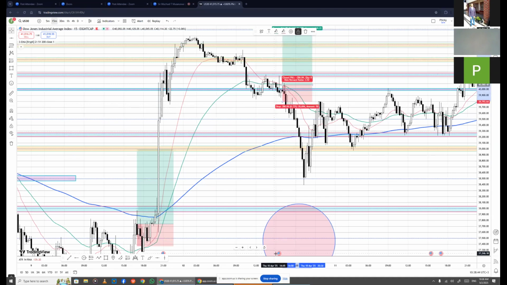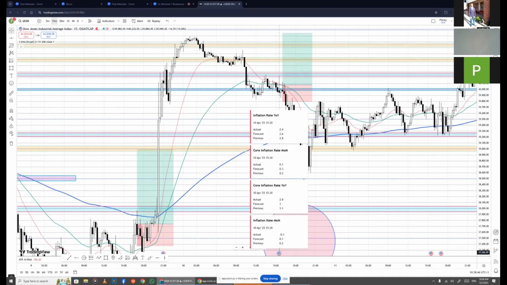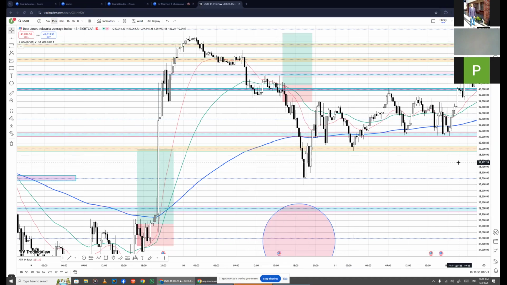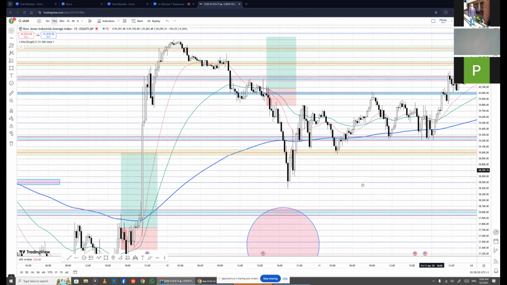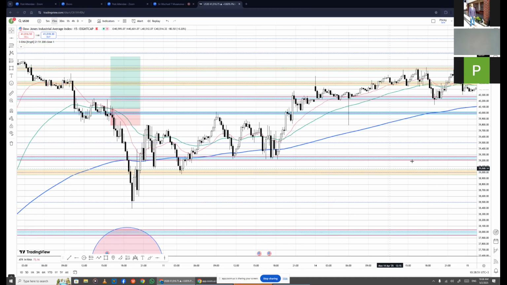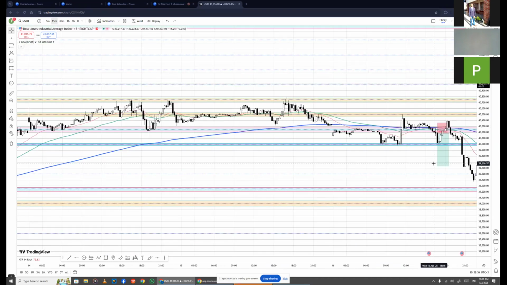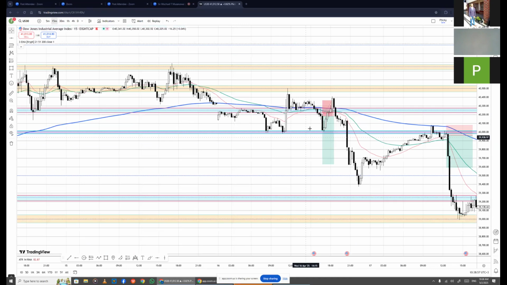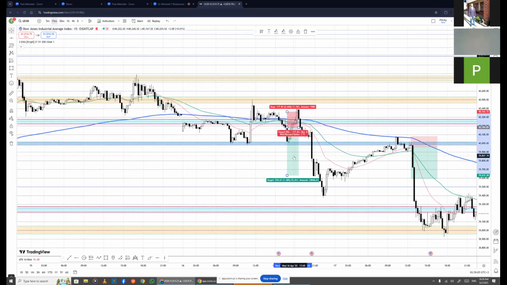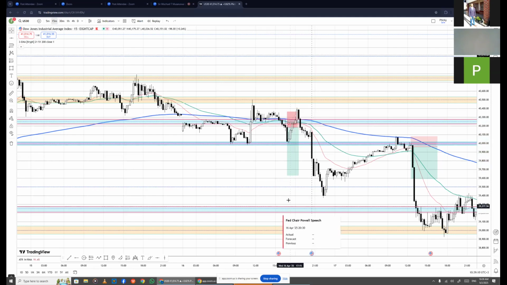As you can see, there was news, the inflation rate, right? Here, there was real manipulation of the market from the US dollar currency, from other pairs. There was news also as well.